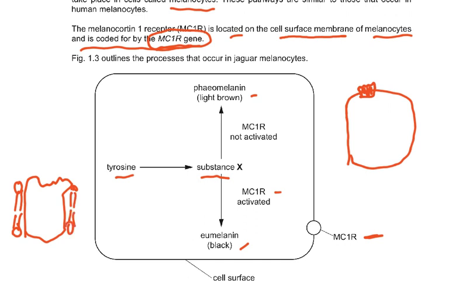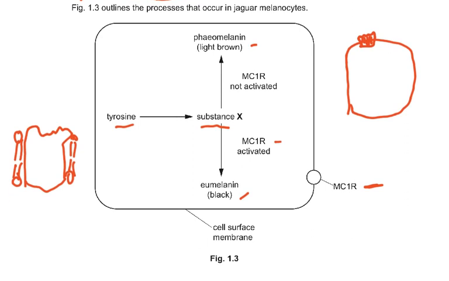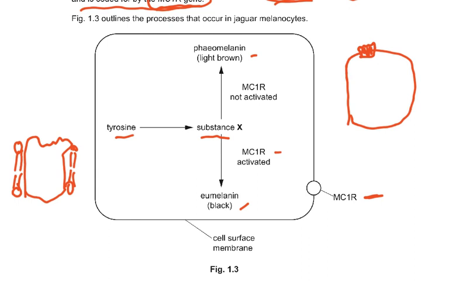Please remember, always when we're talking of the cell membrane, it's a phospholipid bilayer. You tend to forget that, but it's not the cell wall, which is made of cellulose. So cell surface membrane, and they've given you this. So visualize mentally: phospholipid bilayer, with receptors that are glycoproteins or glycolipids.